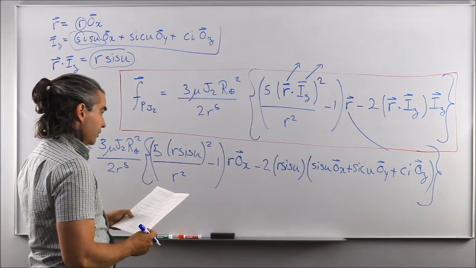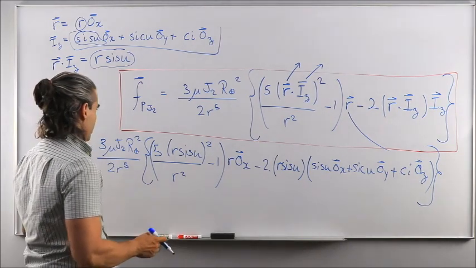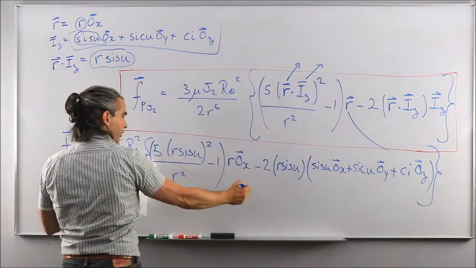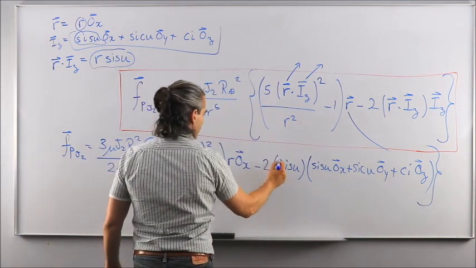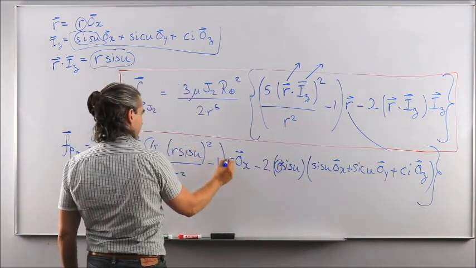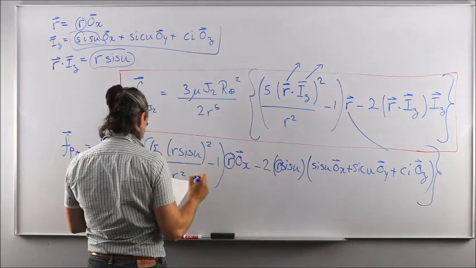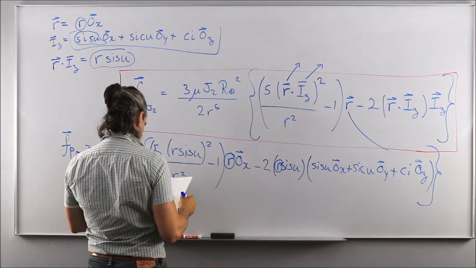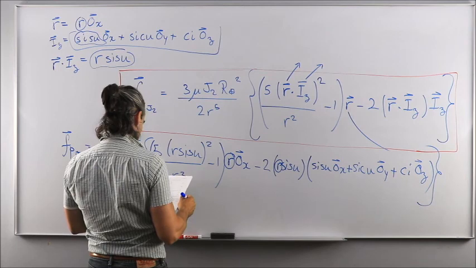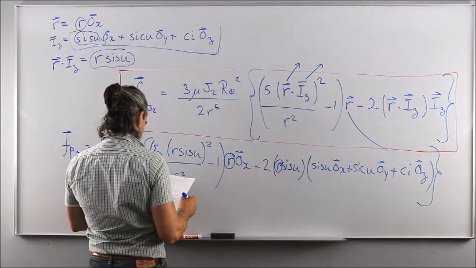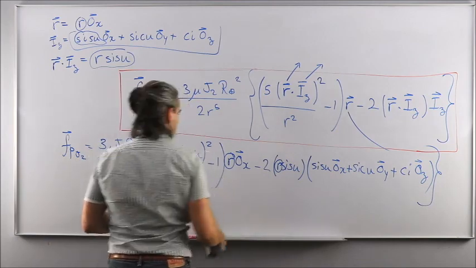What else can I do? Well, turns out that this term and that second one are both multiplied with R here and here. So I'm gonna factor this out and see what we end up with.